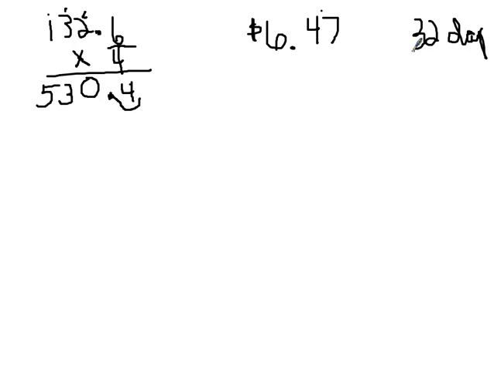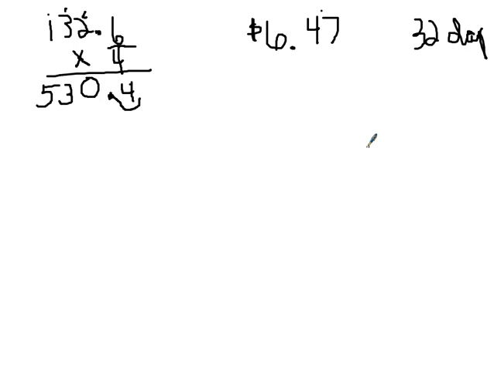So I'm going to think about the 2 factors that I have here. And one of my factors is money, and it's the $6.47. The other factor is the days, and that's 32 days. So how am I going to work this out?